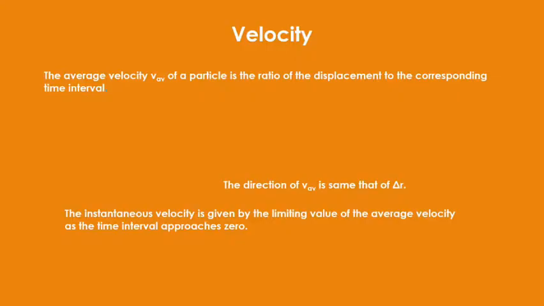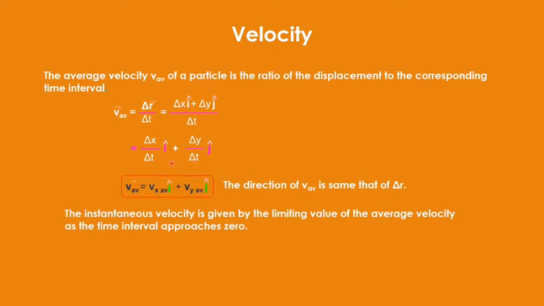If you wish, you can write the velocity also in the component form, because what is velocity? Velocity is delta r by delta t, the rate of change of displacement. So delta r can be written as delta x i cap plus delta y j cap divided by the time. So I can write it as delta x upon delta t i cap plus delta y upon delta t j cap.